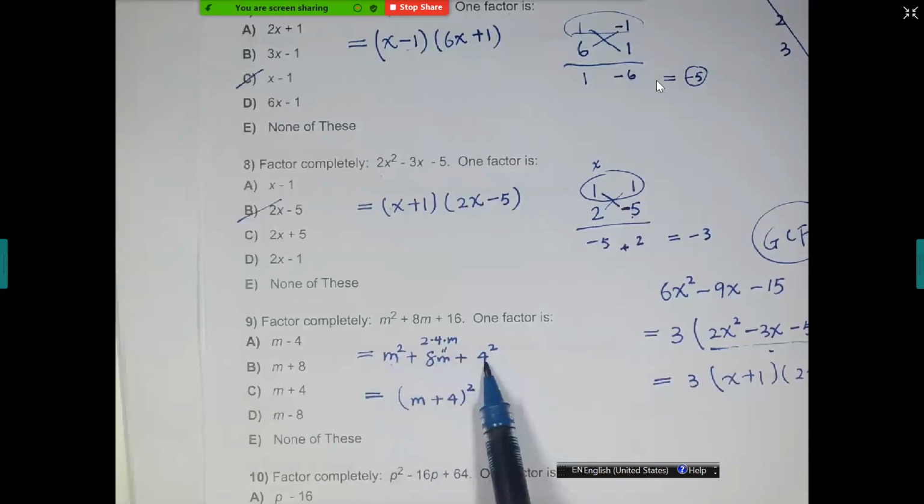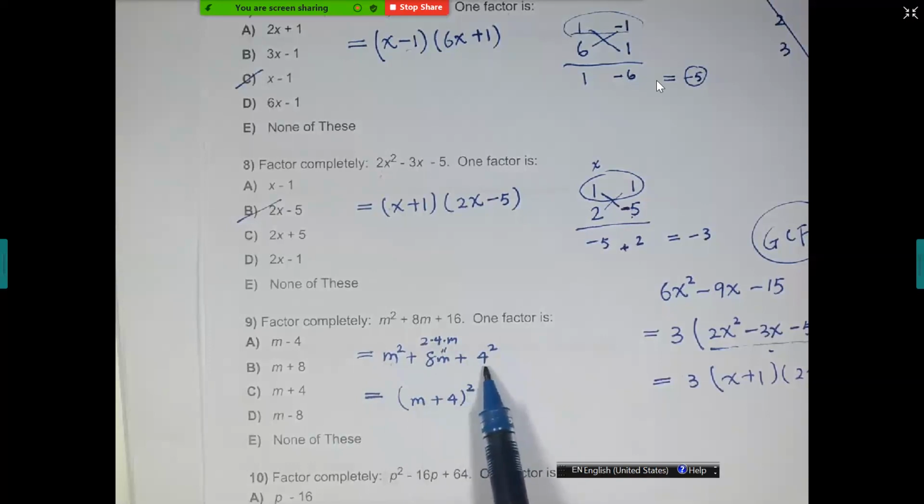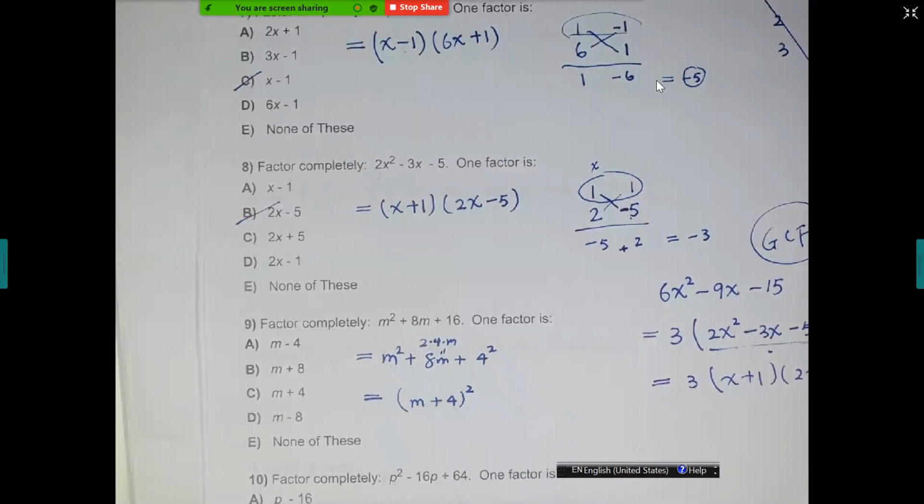So m and 4, 4m, 2 times that, that's 8m here. Then you just write down this factorization as a perfect square: first base and then plus the second base, which is coming from the third term here, and then parentheses squared. So this is a special way.